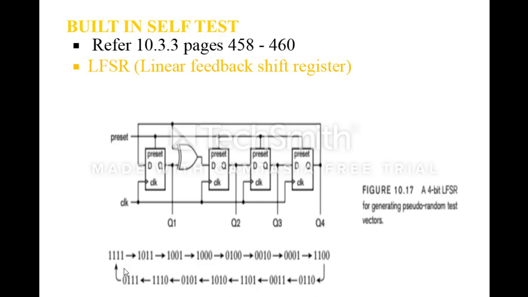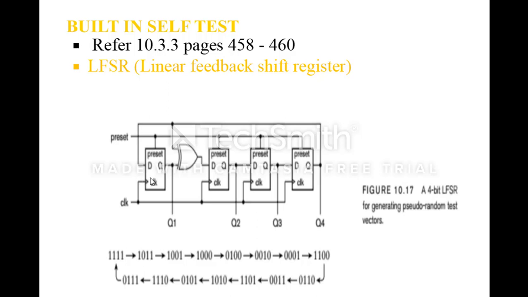So this is one kind of pseudo-random sequence generator used to generate 4-bit test vectors for all the combinations. But there is a gap here. The circuit fails to create test vectors for all 16 combinations. Since we are taking 4 inputs, 4 flip-flops, 2 to the power 4 is 16.